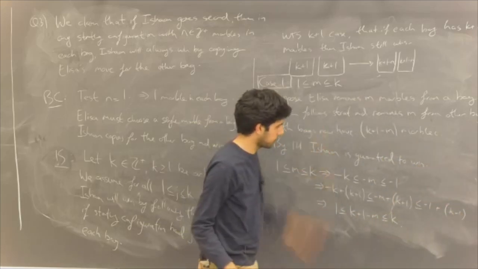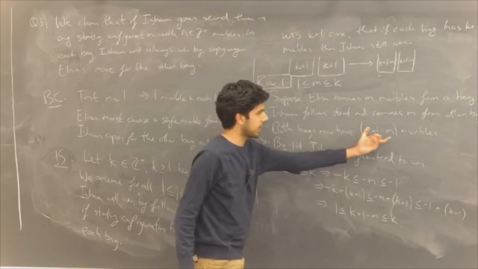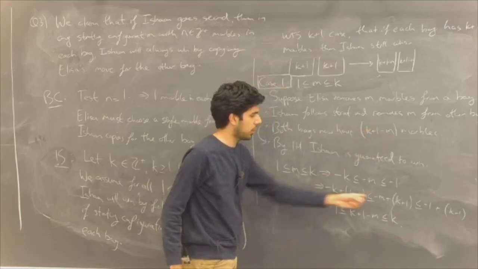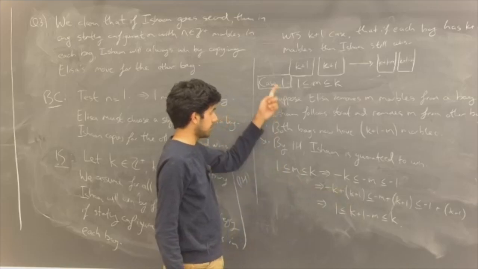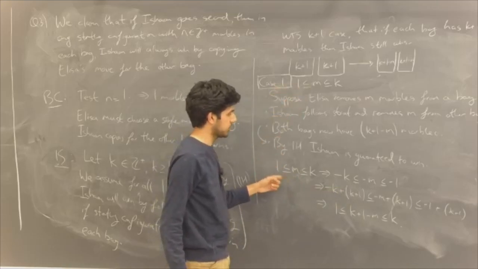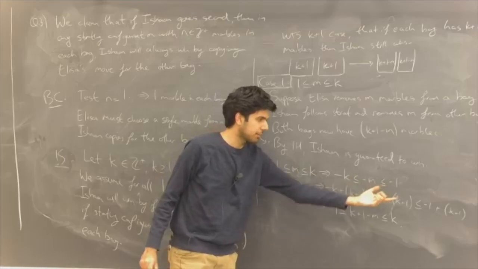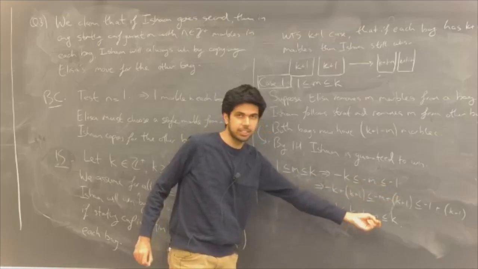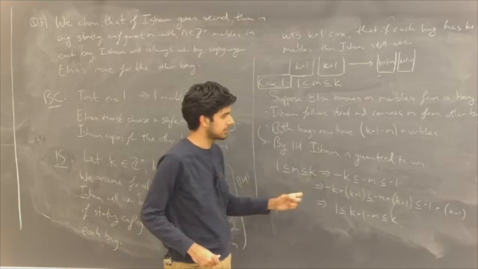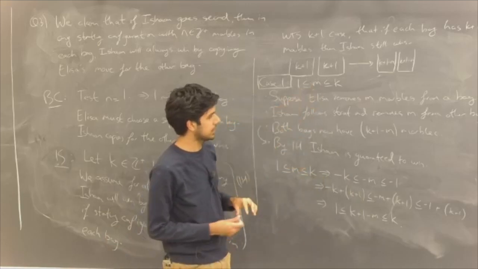Here is the full math to verify it. If m is in between 1 and k, we just negate m, add k plus 1 to all sides, and we have it in the range. So the IH applies. That's why we need that case.